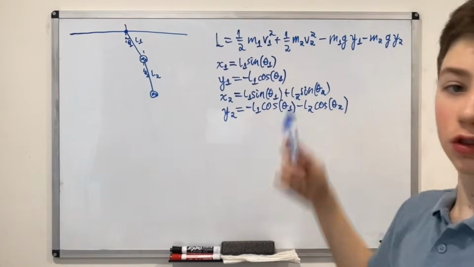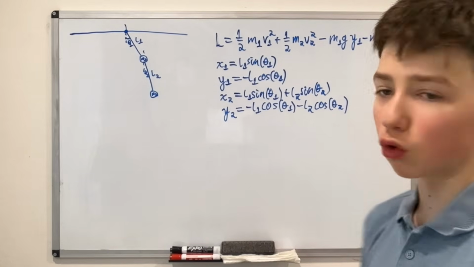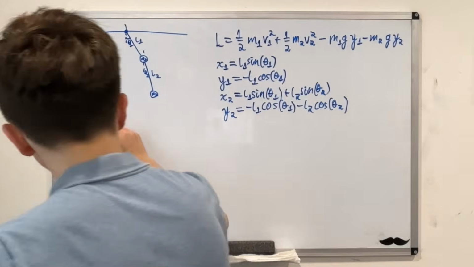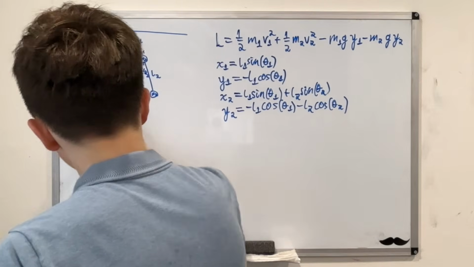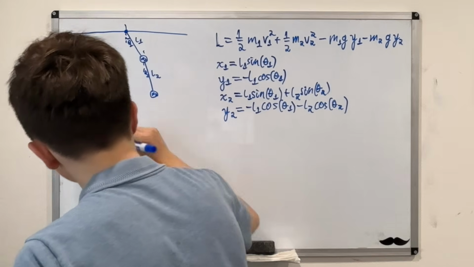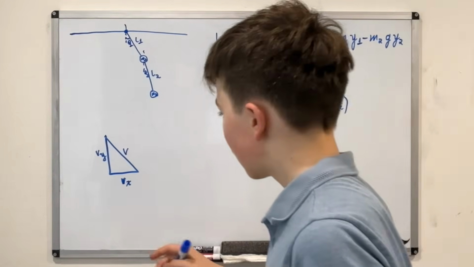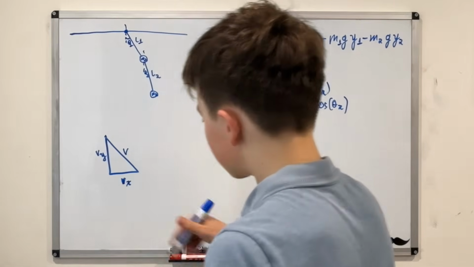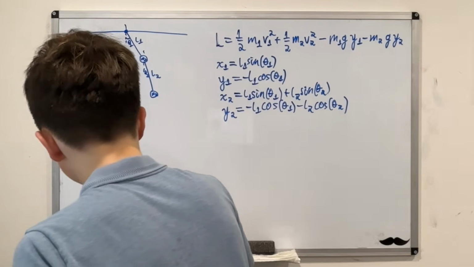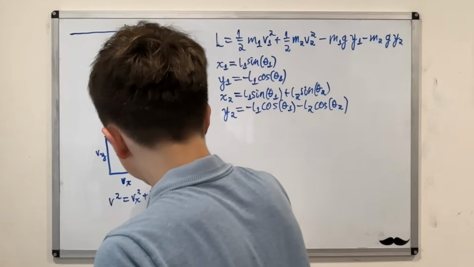So this is the overall velocity, not the velocity in the x direction or in the y direction. So if we have the velocity in the x, the velocity in the y, this is the velocity that we're looking for. And so in order to find it, of course, we use the Pythagorean theorem. V squared equals Vx squared plus Vy squared.